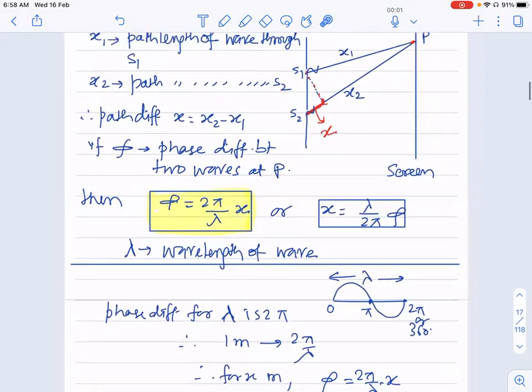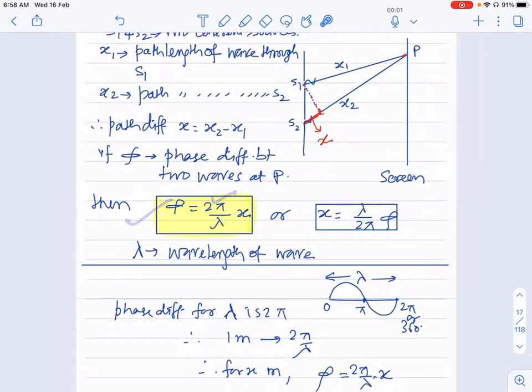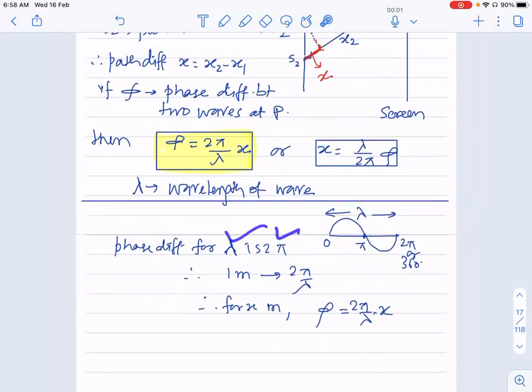Phase difference is equal to 2 pi by lambda into x, because for one wave distance is lambda and angle जो है 2 pi का रहता है उसमें, because source यहाँ पे कोई source produce कर रहा है wave को, complete oscillation करेगा, one oscillation is equivalent to 2 pi and it produces one wavelength, so lambda is equal to 2 pi, and for 1 meter phase difference will be 2 pi by lambda.